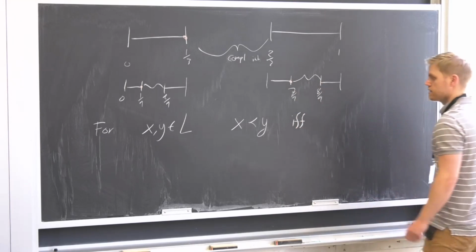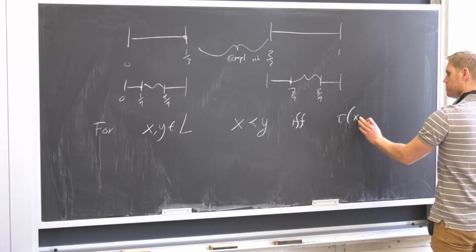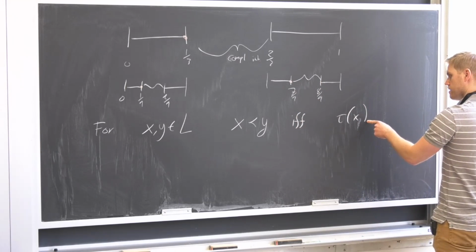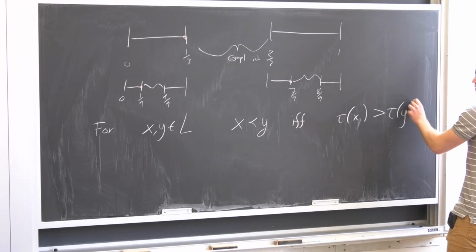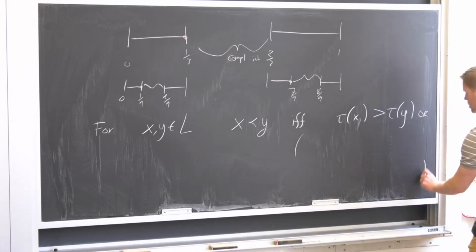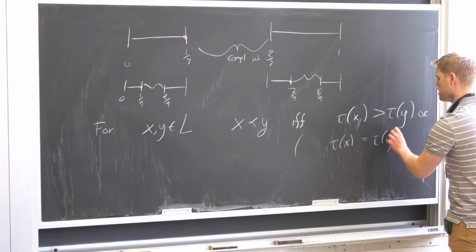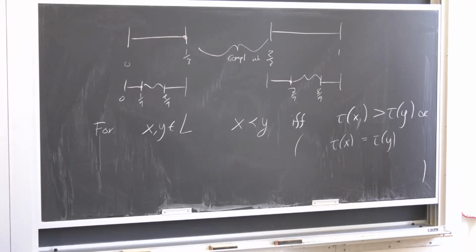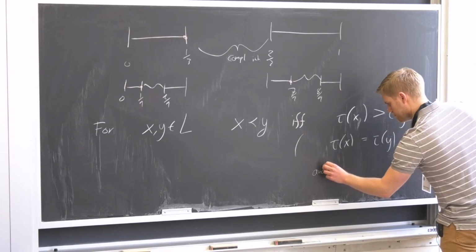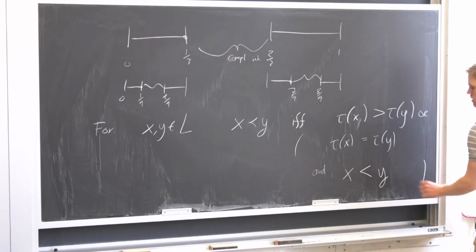So you do something like this. You say y is smaller than x if and only if tau of x is larger than tau of y, or, second condition, if this is equal, then you order them using the usual order on the reals, so x is smaller than y in the usual order.